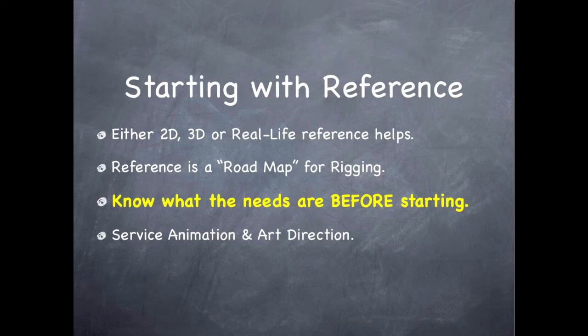If you start out with reference and communication with both your animator and art director, then you'll arrive at a suitable rig rather than starting and ending up with something that isn't as useful as if you had spoken with them and gotten this reference in the first place. So once again, it helps you to define what you're going to be doing before you start doing it.